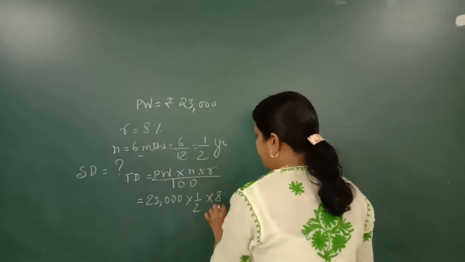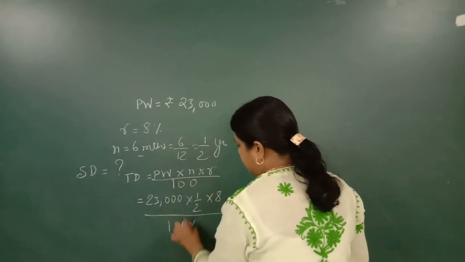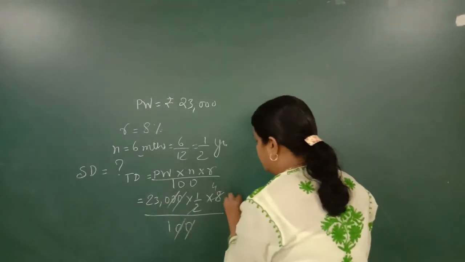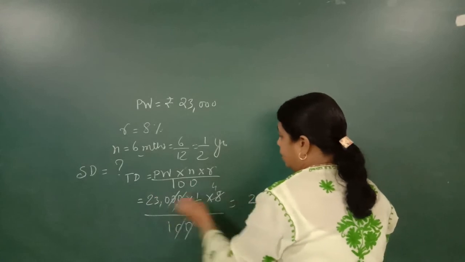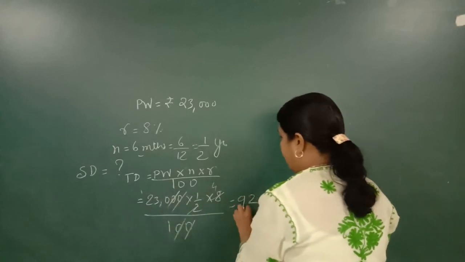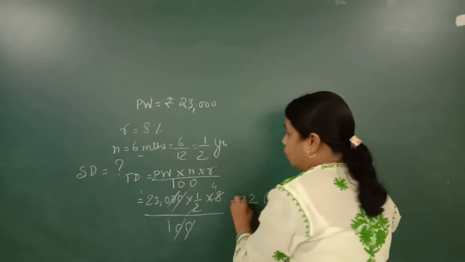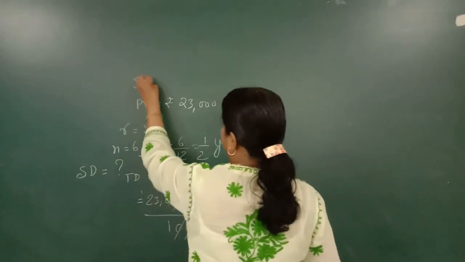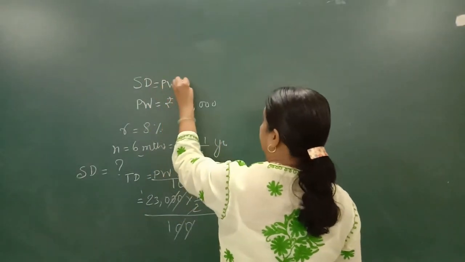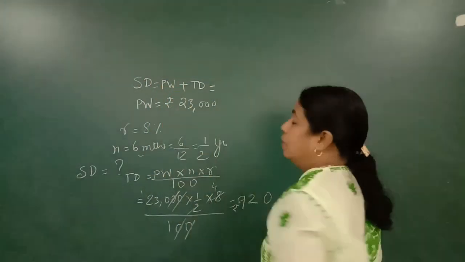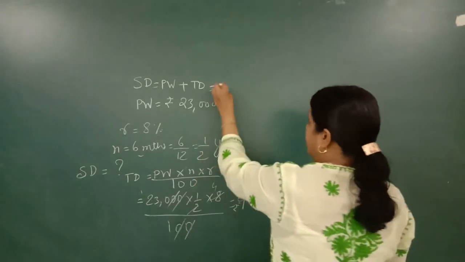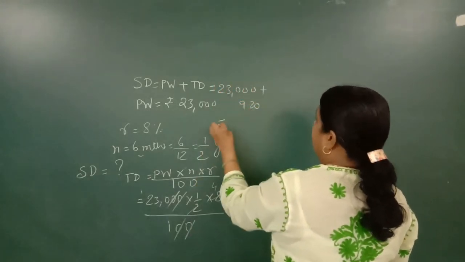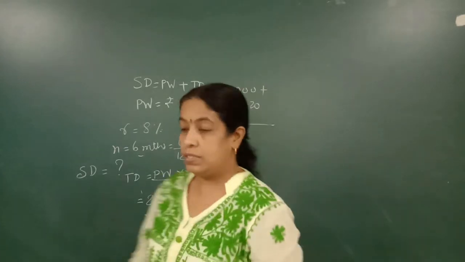R 8 upon 100. 00 gets cancelled. 2 4s are 8, 4 3s are 12. Carry 1, 4 2s are 8 plus 1, 9 and 2. So what is true discount? 920. So what will be the sum due? Present worth plus true discount. What is the present worth? 23,000 plus 920. Whatever is the answer will be your sum due.